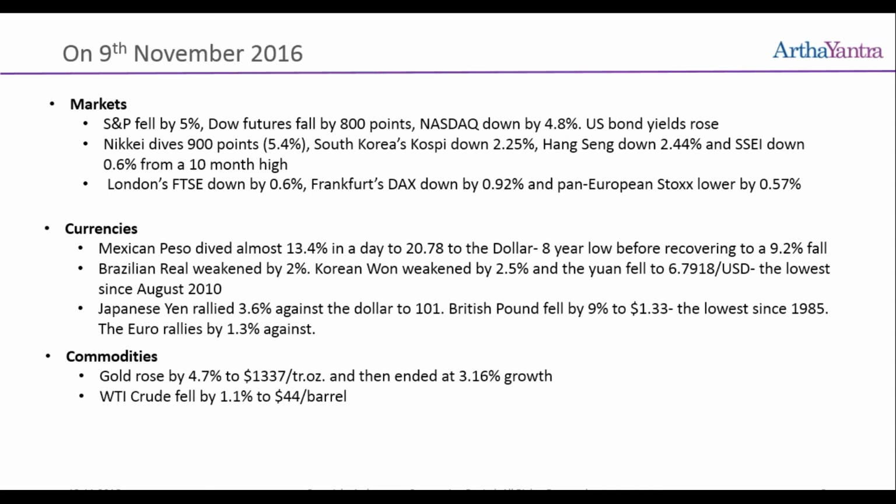So the Mexican peso: Mexico sends about 20 to 25% of its exports primarily to the U.S. Now, with Donald Trump becoming president, there is a big chance that Mexico will fall into recession. So, the Mexican peso fell by 13.4%. That's the biggest fall it has experienced, and it reached an 8-year low.